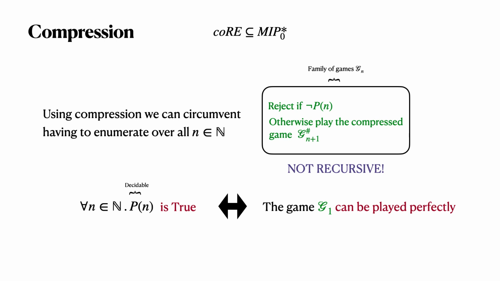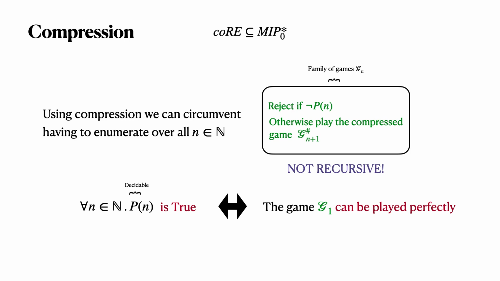So more precisely, if we construct a family of games Gn, one for every n, the nth game is very simple to describe. The verifier in the nth game first computes P of n, and it rejects immediately if P of n is false. However, if P of n is true, it plays the compressed game G sharp n plus 1 with the provers.